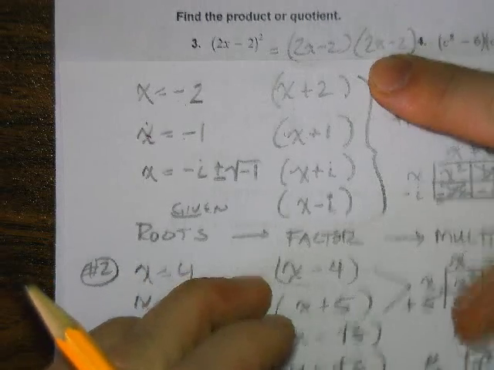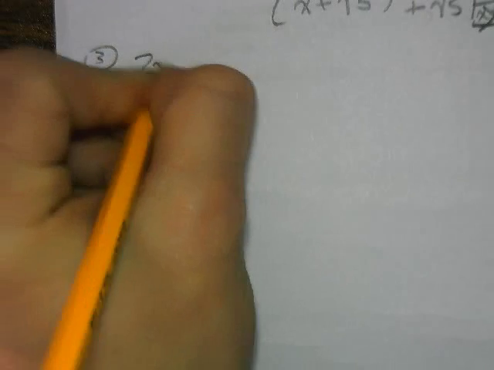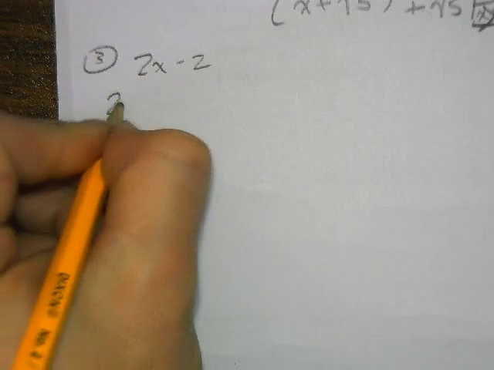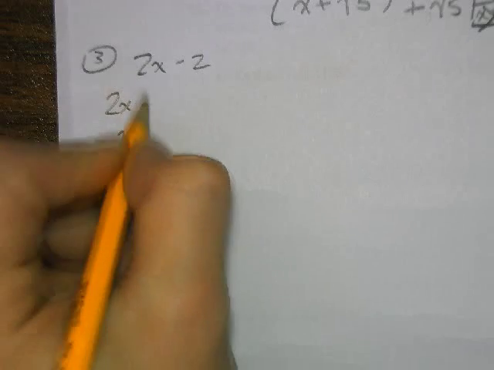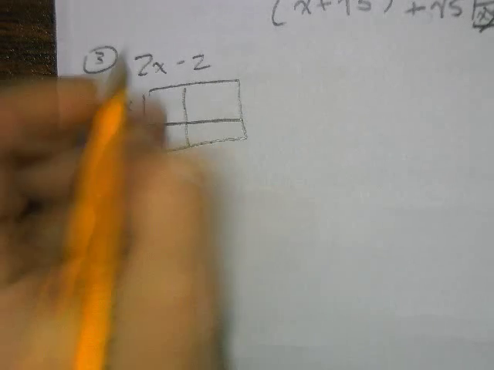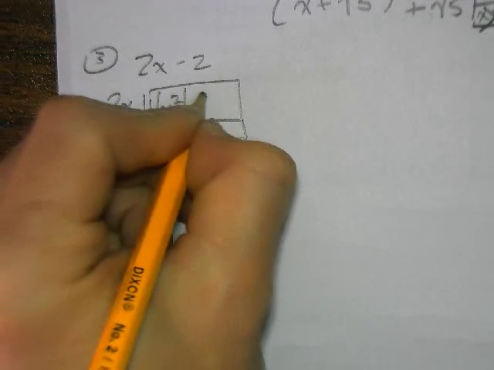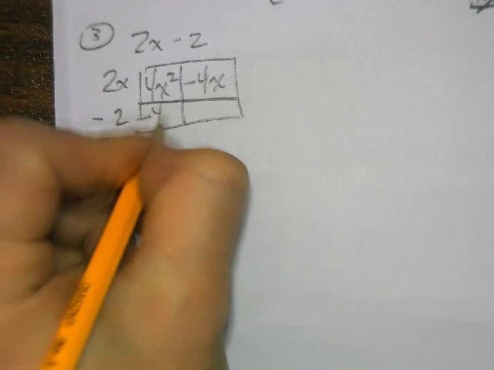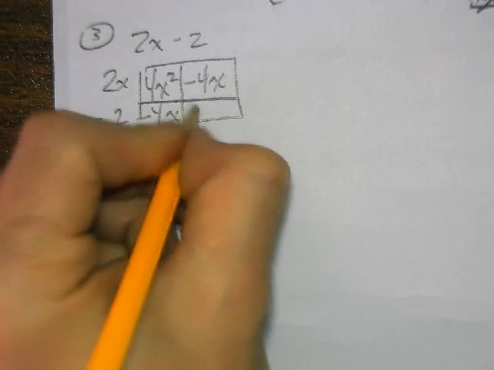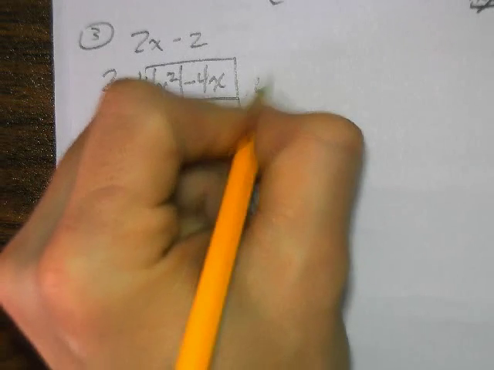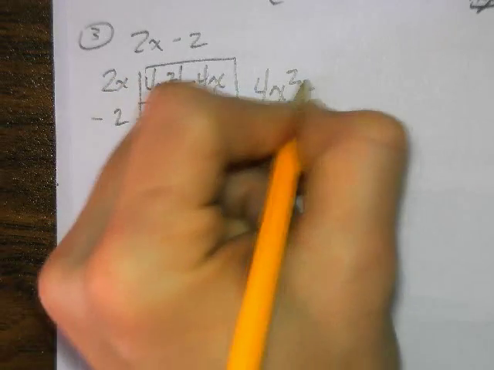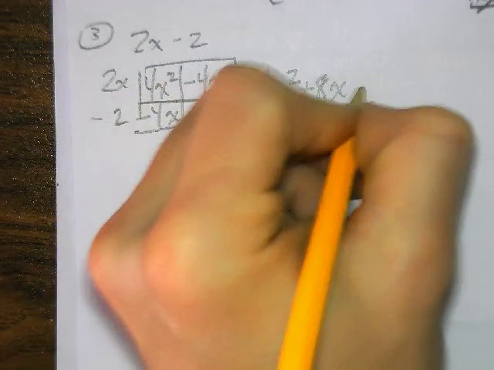I want to multiply them together, so I can just use the box method here. I'm going to have 4x squared minus 4x minus 4x, and then plus 4. This is going to give me 4x squared minus 8x plus 4. That's the product, and you can always just say that's f of x.